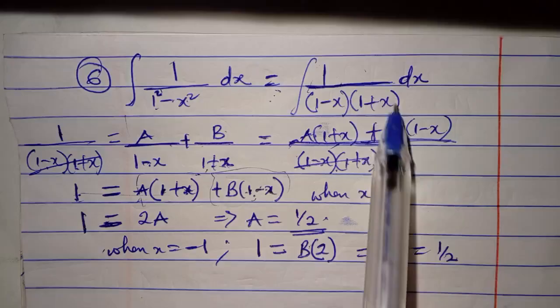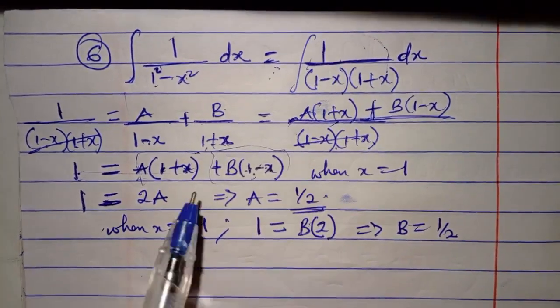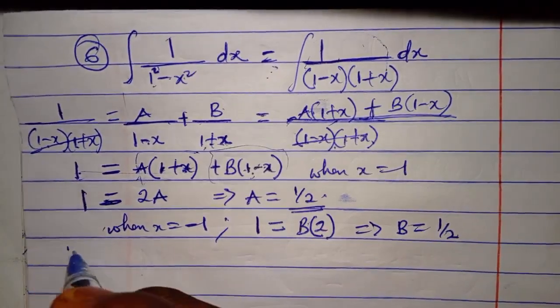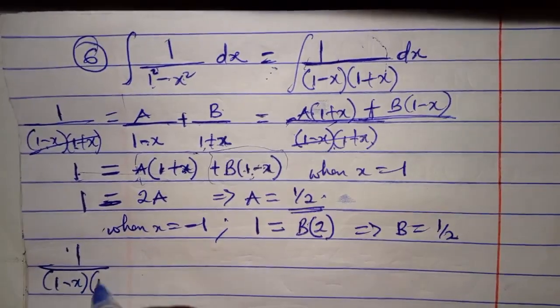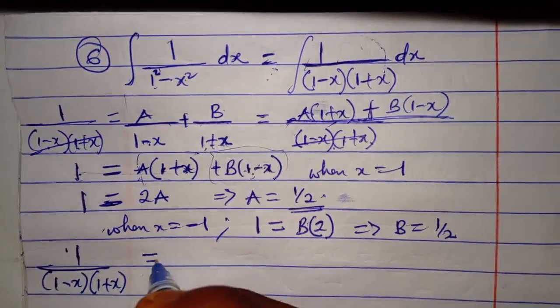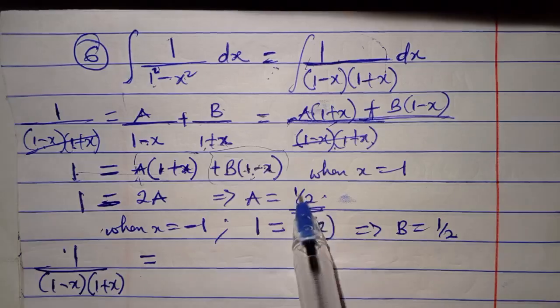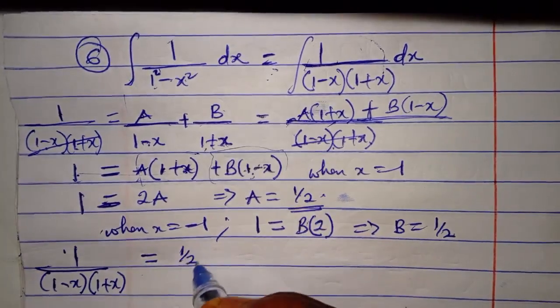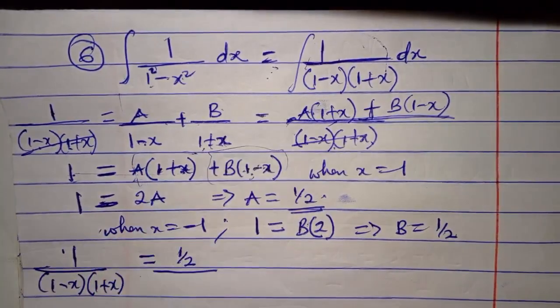Therefore, this expression, or this integrand, which is the compound fraction, will now be 1 all over 1 minus x, 1 plus x is now equal to... A is what? A is 1 half. So we have 1 all over 2 all over 1 minus x.